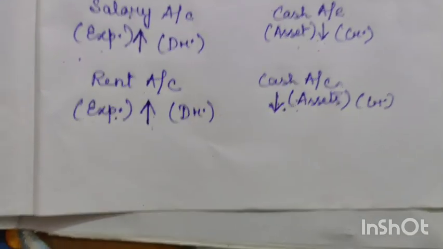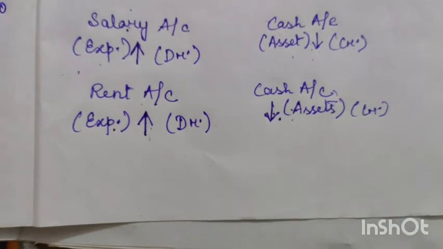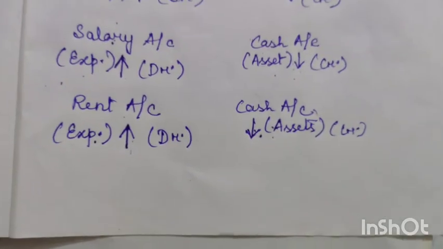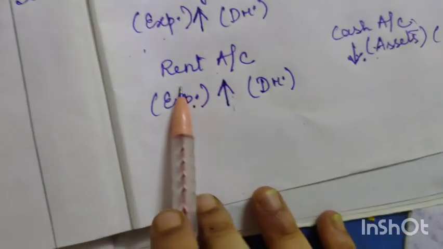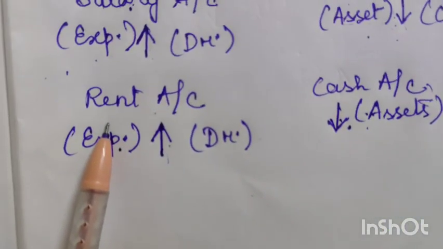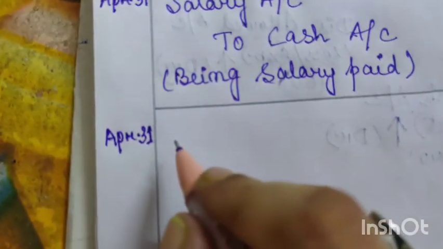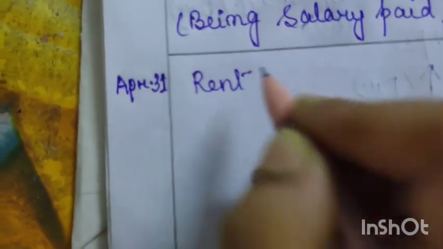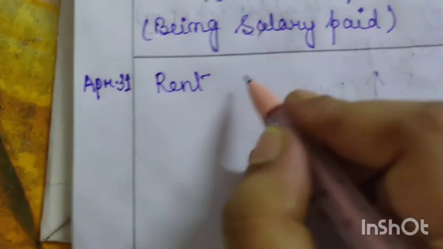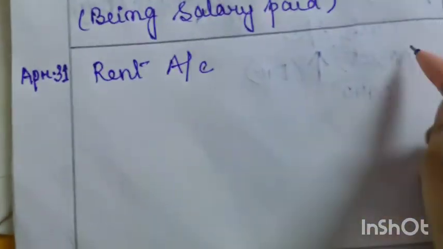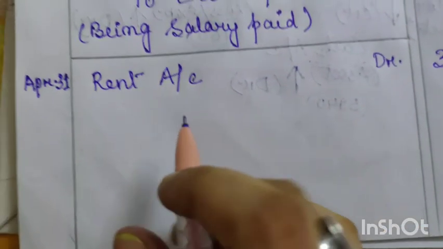Okay. So that means the journal entry for this transaction will be, which account is debited? Our rent account is debited. So we can write here rent account debited. How much rent we have paid? 300. Okay. What we have paid as rent? Cash.